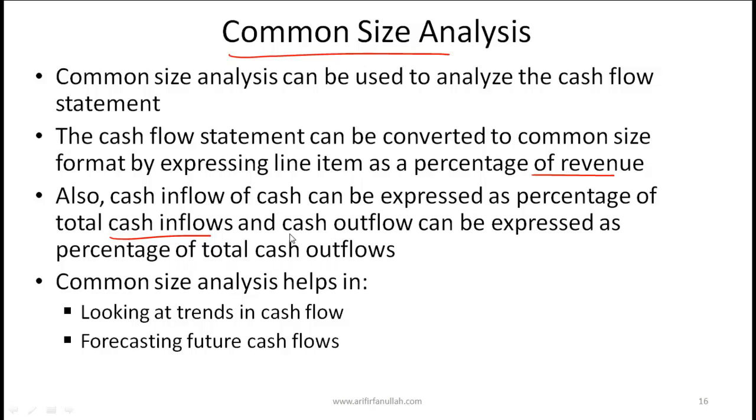For example, your total cash outflow might be 170 million, and then this ratio will tell you how much of that cash, in percentage terms, is coming from customers and how much is coming from other sources. Ideally, you want a situation where most of your inflow is coming from customers. Cash outflow expressed as a percentage of total cash outflows gives you the relative importance of the different types of cash flows.